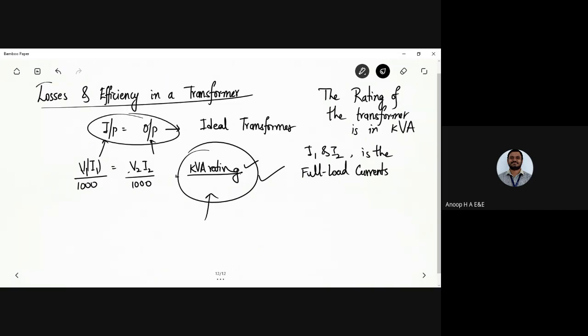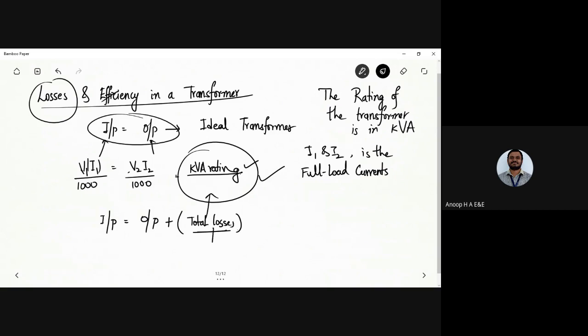Now, in terms of losses and efficiency, we will consider a non-ideal or practical transformer. For a practical transformer, whatever input I give is the output plus the total losses occurring in this static electrical machine.